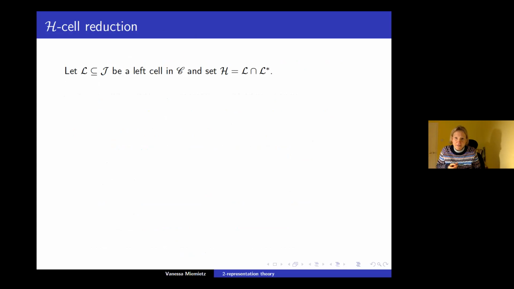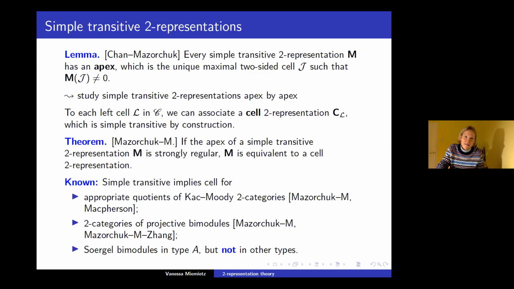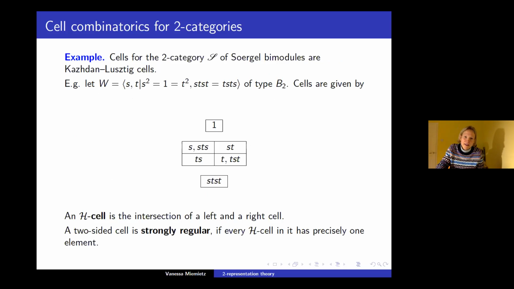Remember we have this involution that's given by adjunction, so we can apply that to every element, and then we get some H cell that's going to be on the diagonal. That's what we call a diagonal H cell.